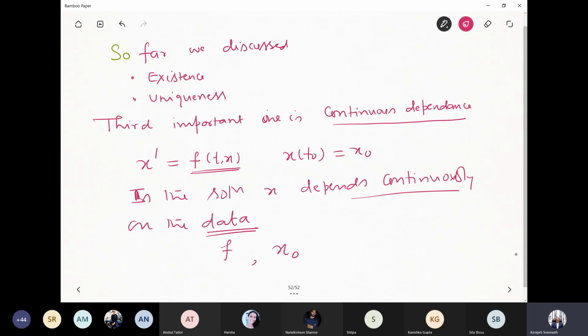So these data points, when you measure, have an error. We don't want this error to lead to a big difference in the solutions that we find.